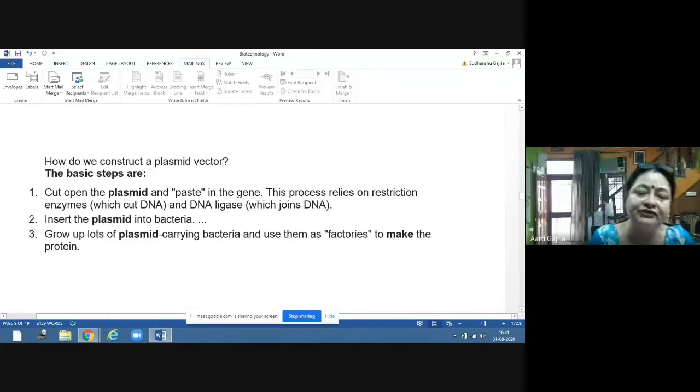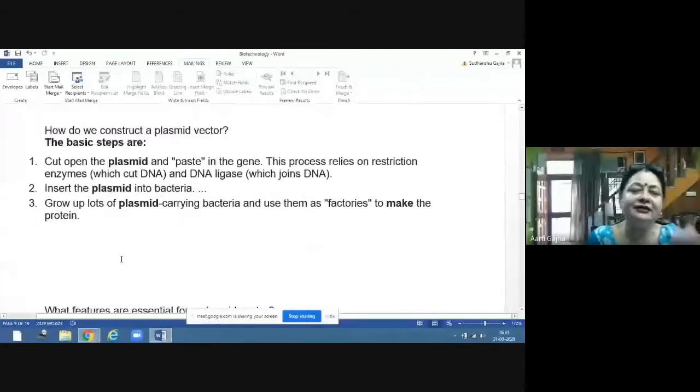Once you have made this plasmid, then you have to insert this plasmid into the bacteria, and this bacteria will keep on multiplying, and you can have the factories to make that particular protein for which you have put the desired gene into the plasmid vector.